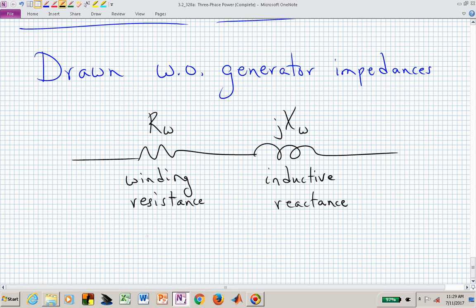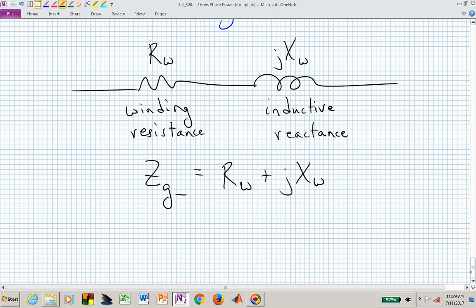And this would then say something like Z sub G and fill in the blank, either the A phase, the B phase, or the C phase. We now have R sub W plus j X sub W. And if we have a balanced configuration, then each of these phases in our generator will have the equivalent winding resistance and inductive reactance in each of the different phases.